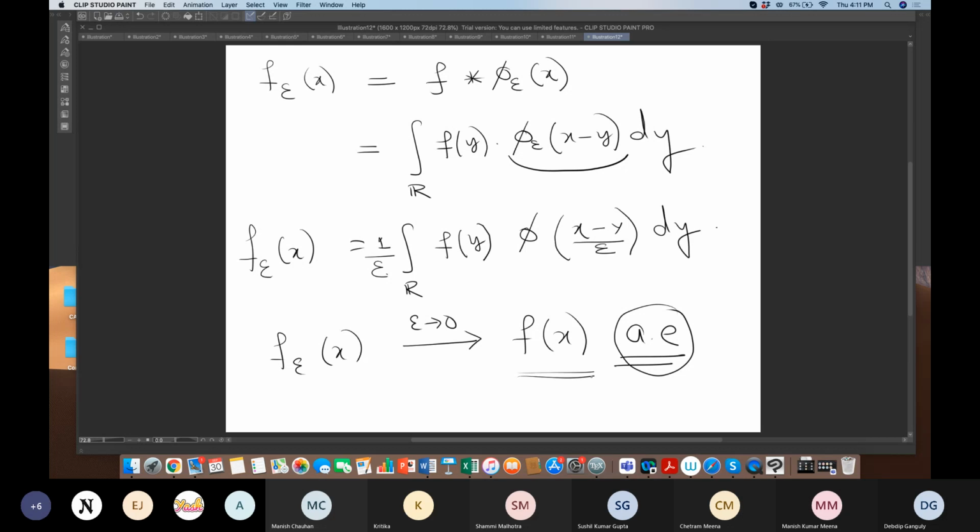Yes, how to do that? What you have to show? Measure of the set such that this does not converge.